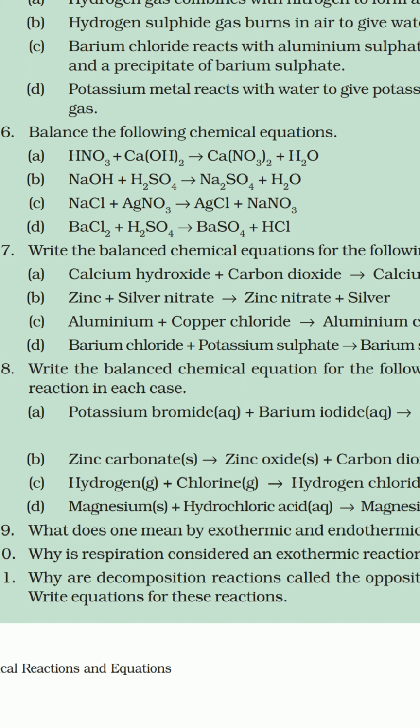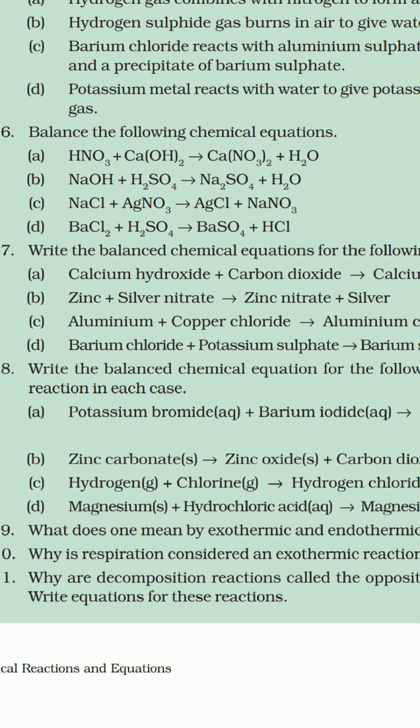Balanced equation of B: 2NaOH plus H2SO4, arrow, Na2SO4 plus 2H2O. Now C, NaCl plus AgNO3, arrow, AgCl plus NaNO3.